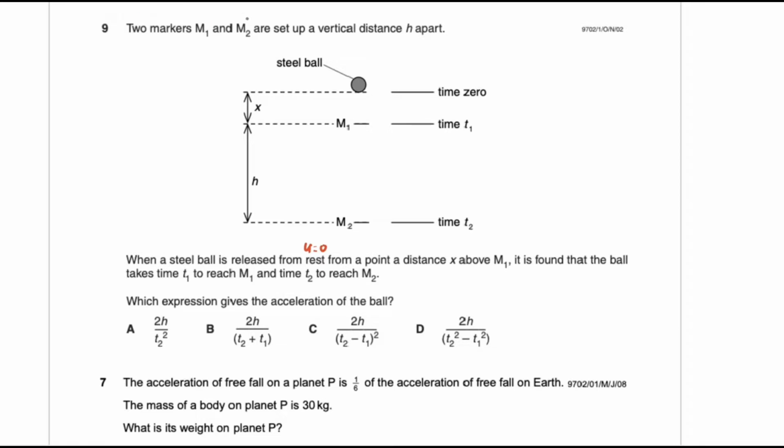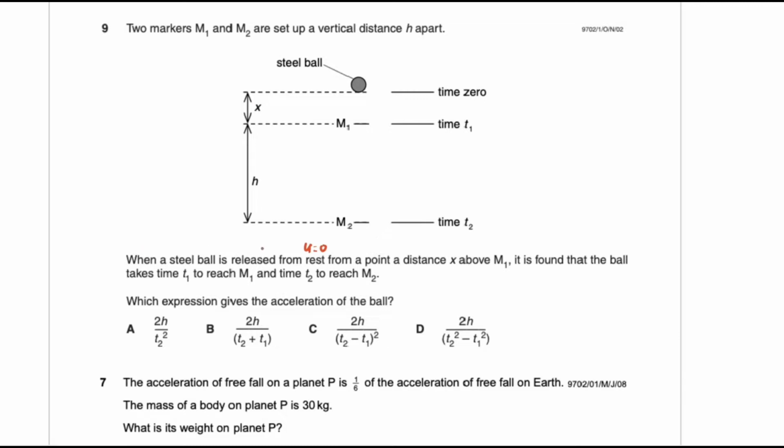Two markers M1 and M2 are set up a vertical distance h apart. You can see M1 is here, M2 is here. But M1 is not the starting point; it's somewhere after a distance of x.